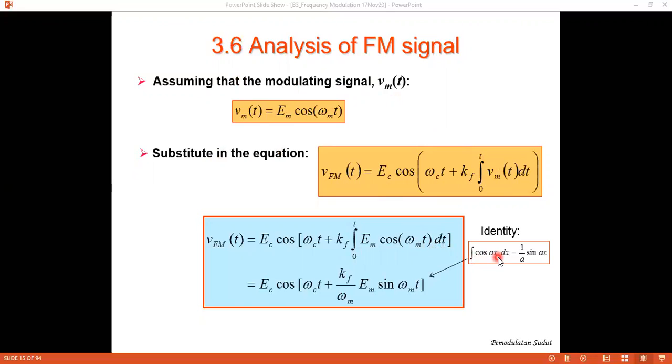Based on the identity, the integral of cos(ax) dx is equal to 1 over a sin(ax), so it becomes sin omega_m t divided by omega_m. Then our v_FM is equal to Ec cos(omega_c t plus kf Em divided by omega_m sin omega_m t). This is after integration when we assume our vm(t) is equal to Em cos omega_m t.